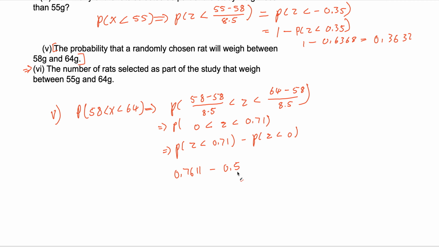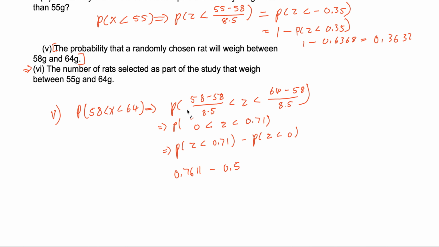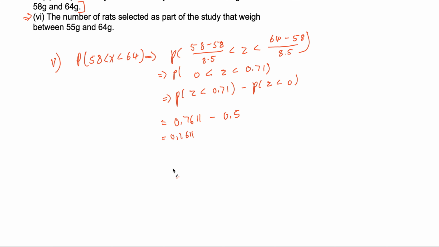How do you know that? If you go to your table here, at 0, it's basically 0.5. So the answer will be 0.2611. That's your final answer there for 5.